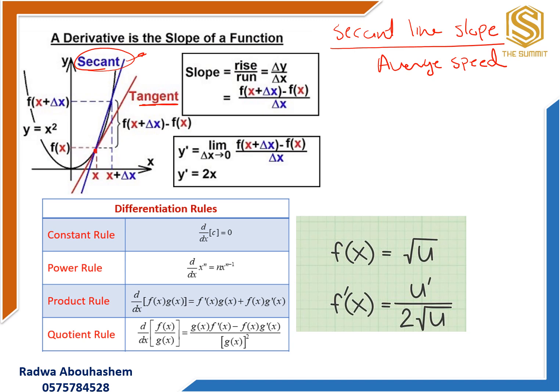But if I'm taking the slope for the tangent line, this means I'm taking something called instantaneous speed or instantaneous velocity.